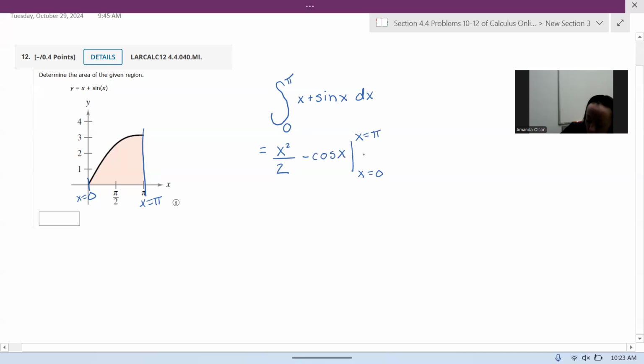To evaluate this definite integral, we substitute in pi for x, and then subtract 0 substituted in for x. So we get pi squared over 2 minus cosine of pi, minus 0 squared over 2 minus cosine of 0.